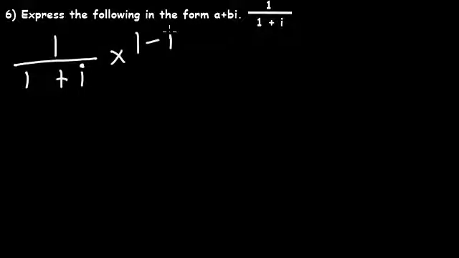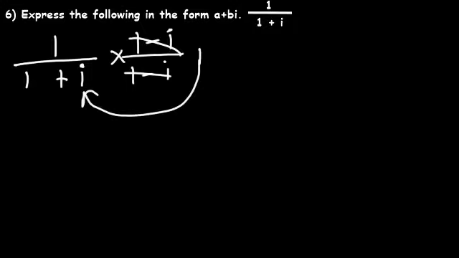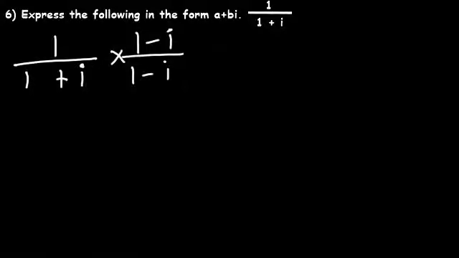So we have 1 minus i divided by 1 minus i. Now you can see that this cancels and becomes 1, and 1 times this thing gives us back the same expression. We are doing this so as to simplify the expression, and at the same time get rid of the i in the denominator. You understand? The process is called rationalization, if you are wondering what it is called.